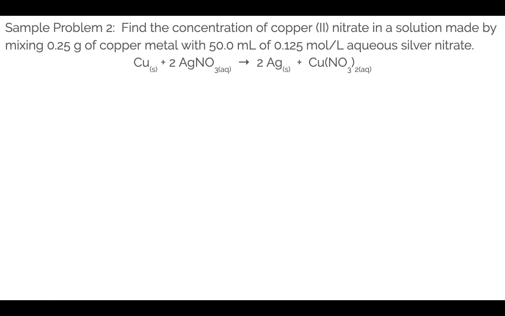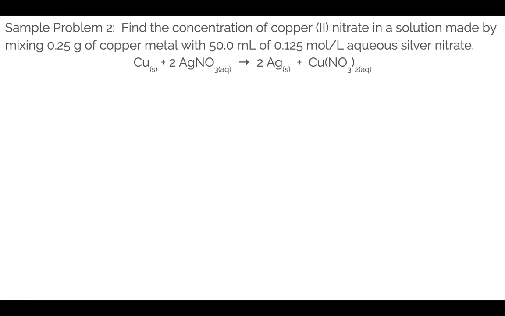So now let's look at another question. Find the concentration of copper(II) nitrate in a solution made by mixing 0.25 grams of the copper metal with 50 milliliters of 0.125 mole per liter aqueous silver nitrate.